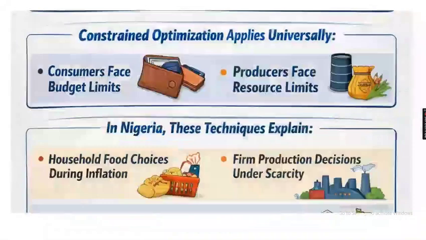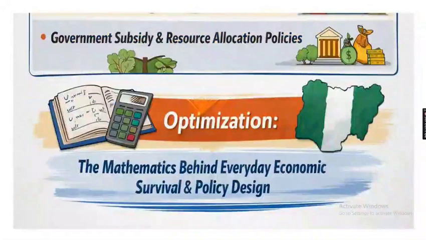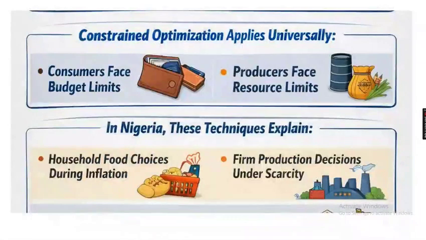They show the balance between desire and limitation, between what we want and what we can afford or produce. From Lagos households managing food budgets to Benin bakeries planning production and Edo farmers maximizing cassava yields, optimization is everywhere.